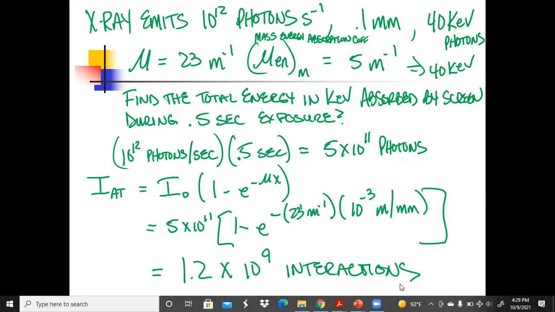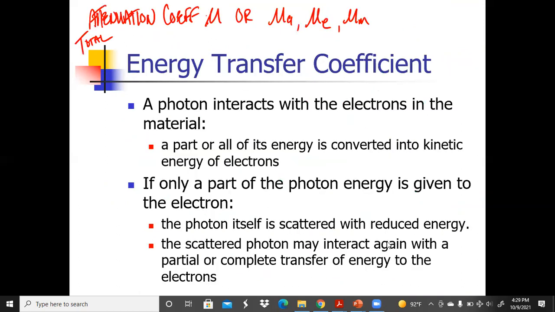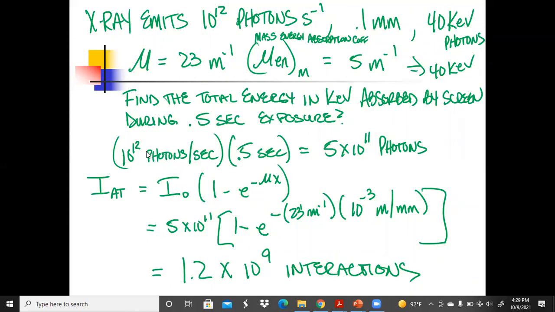And so now we see what the total energy in keV absorbed is, or at least the number of interactions. We've got the intensity, 40 keV photons. So if we have that number of interactions, we can multiply it by the energy, and we will have the energy in keV absorbed by the screen.